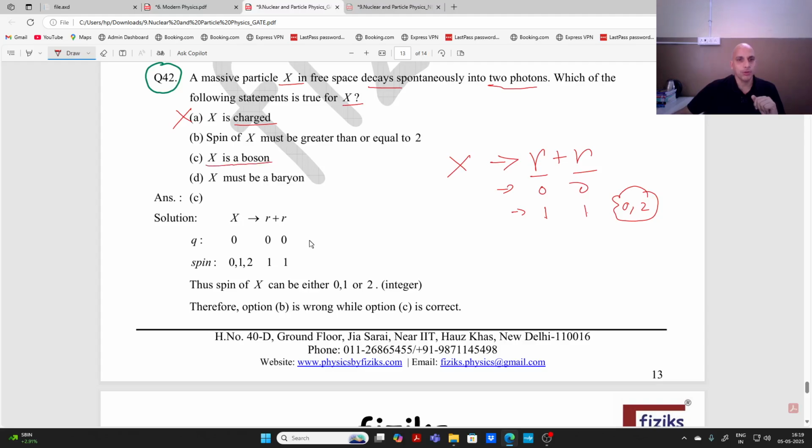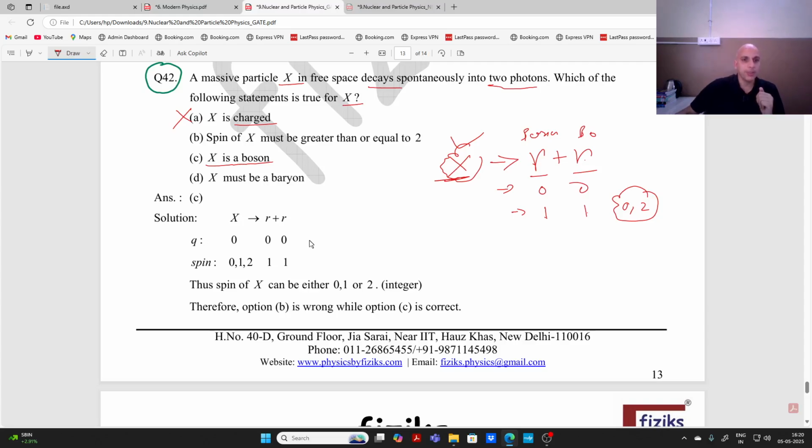X is a boson, right? The two photons are bosons, so this option is obviously true. So X should be a boson also, right?